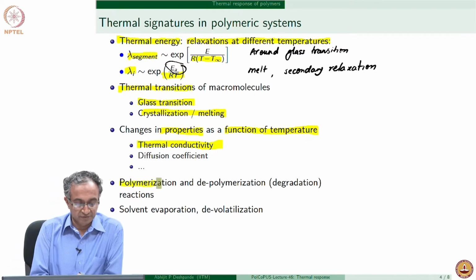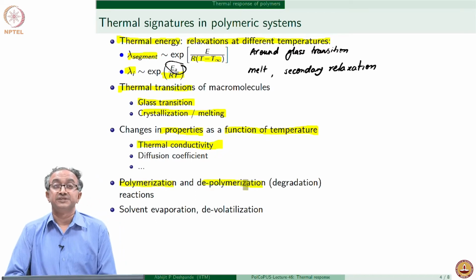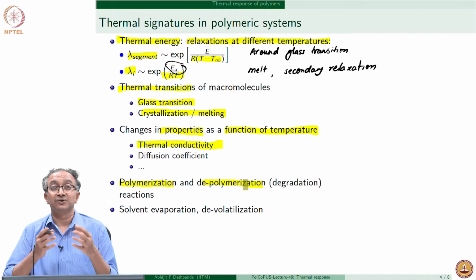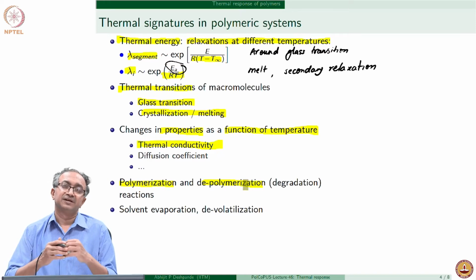And of course, both polymerization and depolymerization are processes which are exothermic and endothermic processes, in the sense that heat is given out or required for these processes to happen. So, can you think in terms of which one will be exothermic and which one will be endothermic?